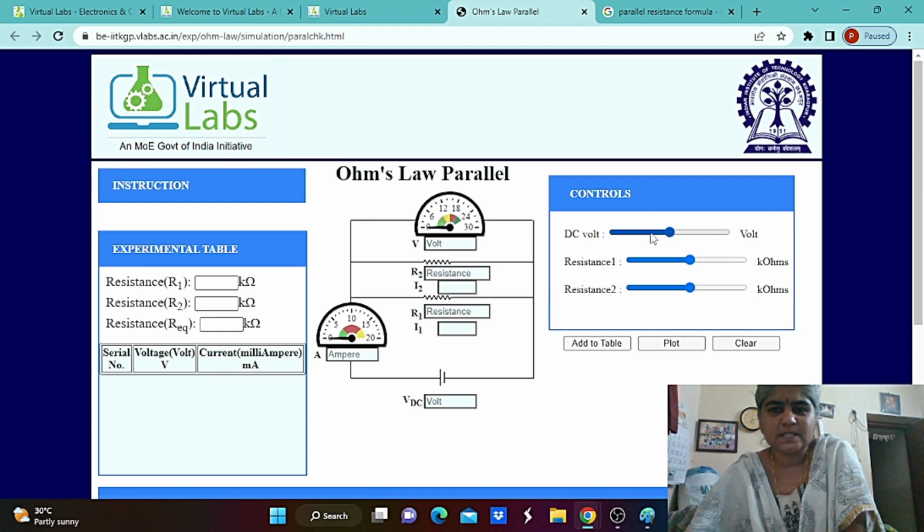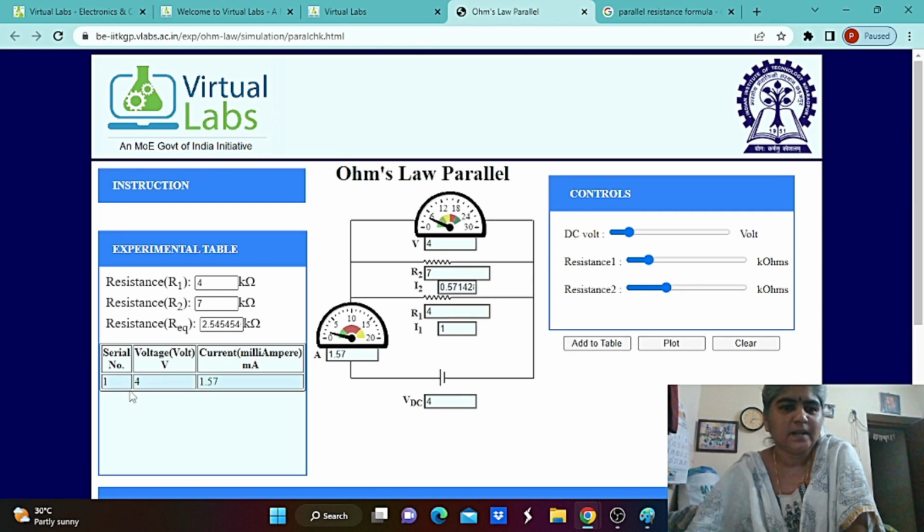Initially I take the DC voltage value equal to 4, resistor 1 equal to 4 and resistor 2 equal to 7. Now we can add these values in this experimental table, where resistance 1 is 4 kilo ohm and the second resistance is 7 kilo ohm.